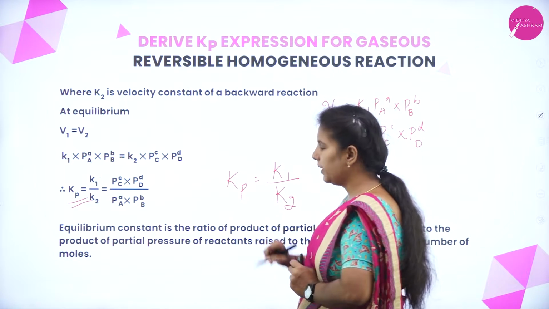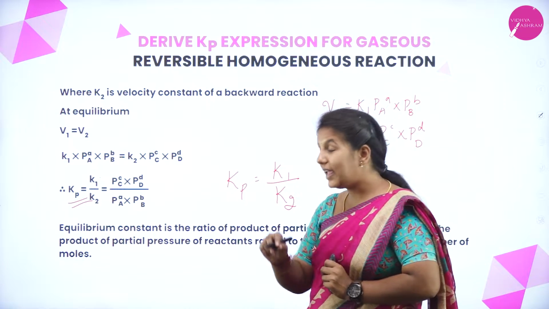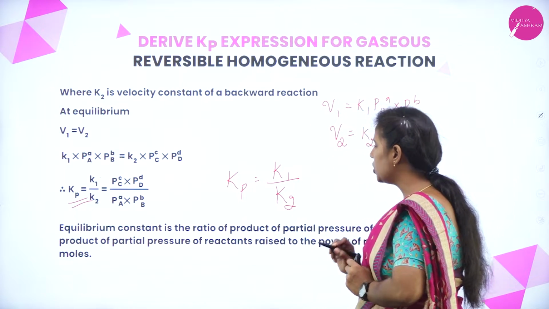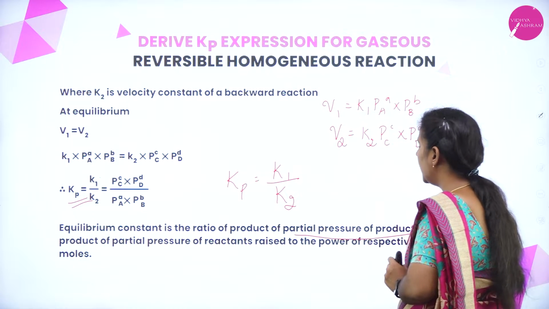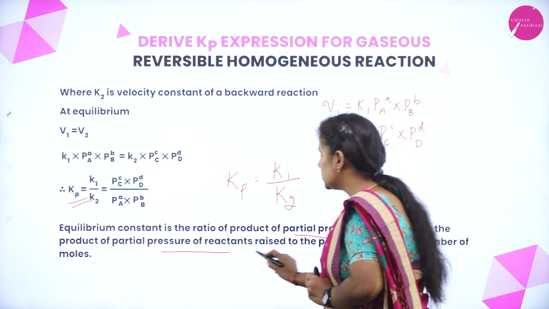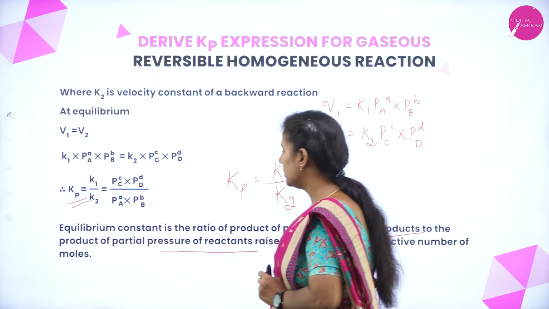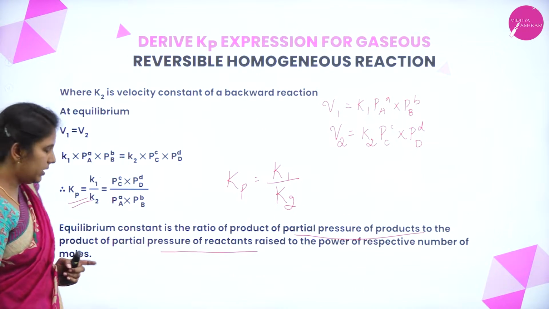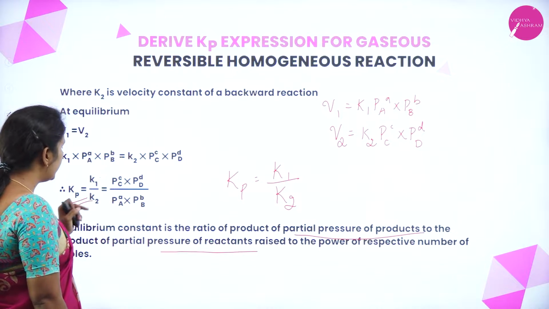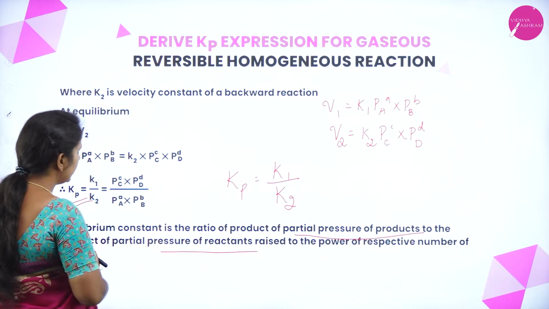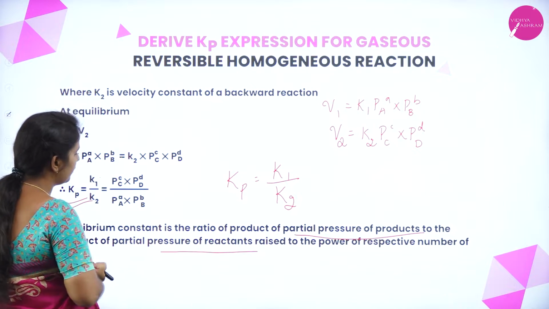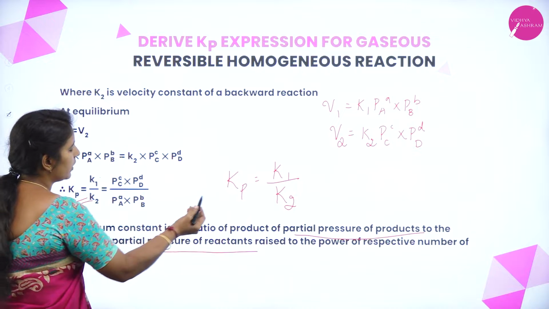Kp is nothing but the equilibrium constant, and it is the ratio of the product of the partial pressures of the products to the product of the partial pressures of the reactants, each raised to the power of the respective number of moles. You can see that Kp is equal to K1 divided by K2, which is the partial pressure of the products divided by the partial pressure of the reactants.